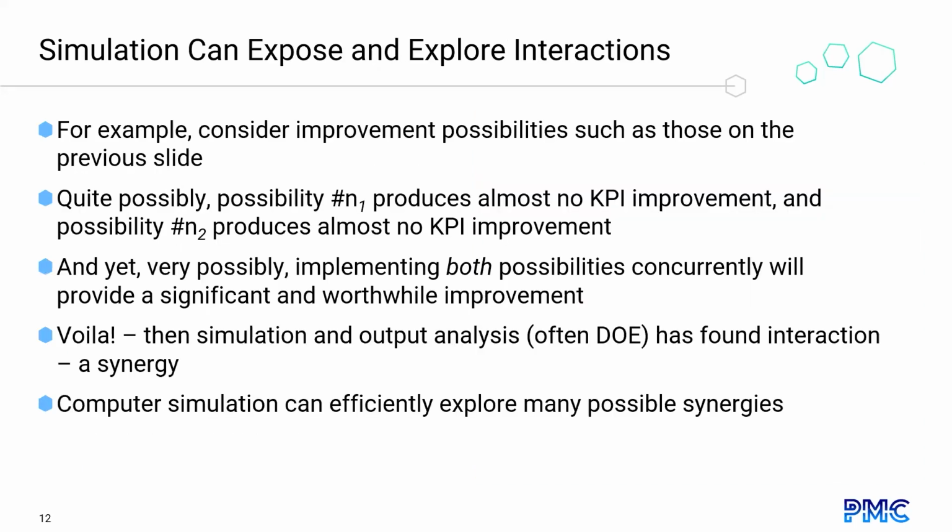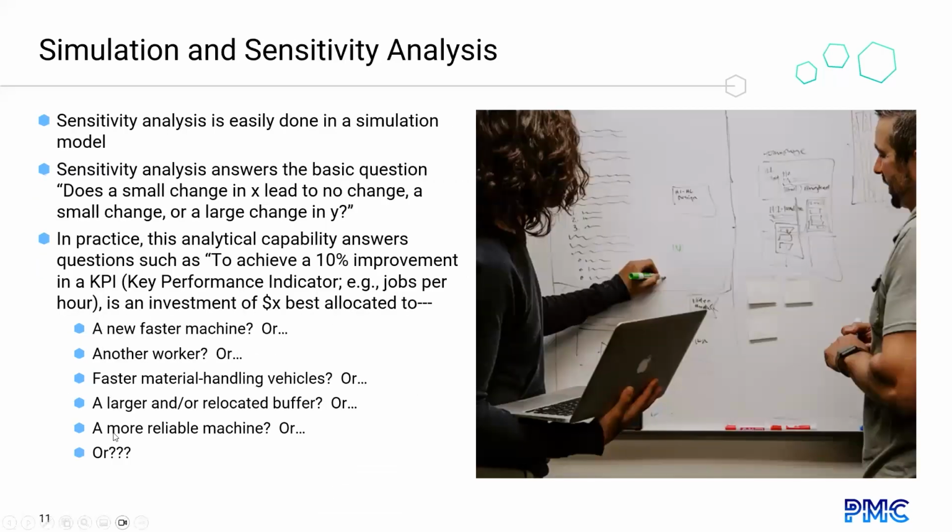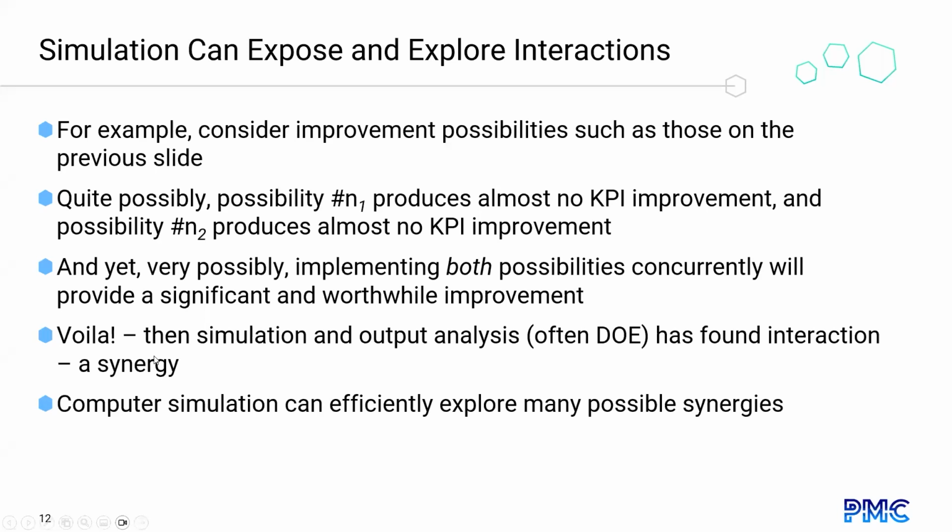And a marvelous power of simulation, which not all analytical methods have, is exploring interactions. On the previous slide, we just looked at several possibilities with a strong hint that we're eager to look at more of them. Do they interact?